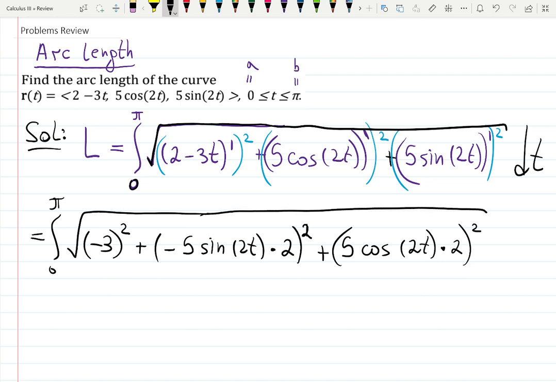This integral looks hard, but actually, if we simplify it, it will not be that bad. Let's see.